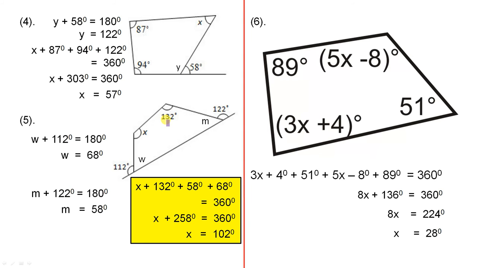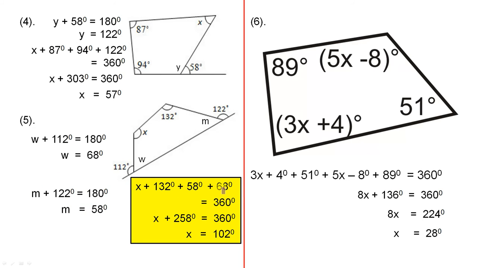This is an interesting one because we have to find w and m before we can find x. So we use the same trick. Those two angles there add up to 180. That gives us that equation, which gives us w is 68. Those two there add up to 180, which gives us that equation there, which means m is 58.